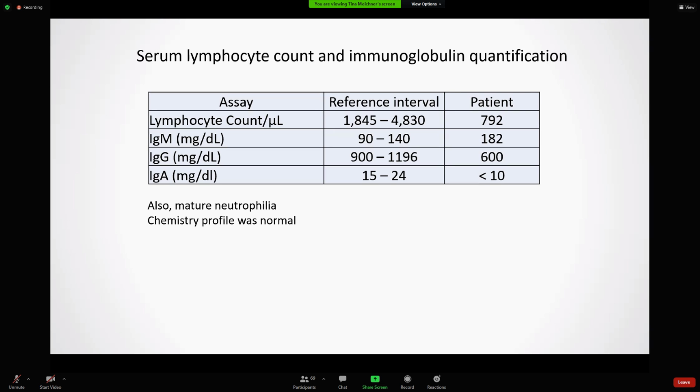However, when you look at IgG and IgA, they're both lower than our reference interval. So 600 for IgG, and it should be at least above 900. And then IgA is less than 10, and it should be at least above 15. So what does that probably imply?